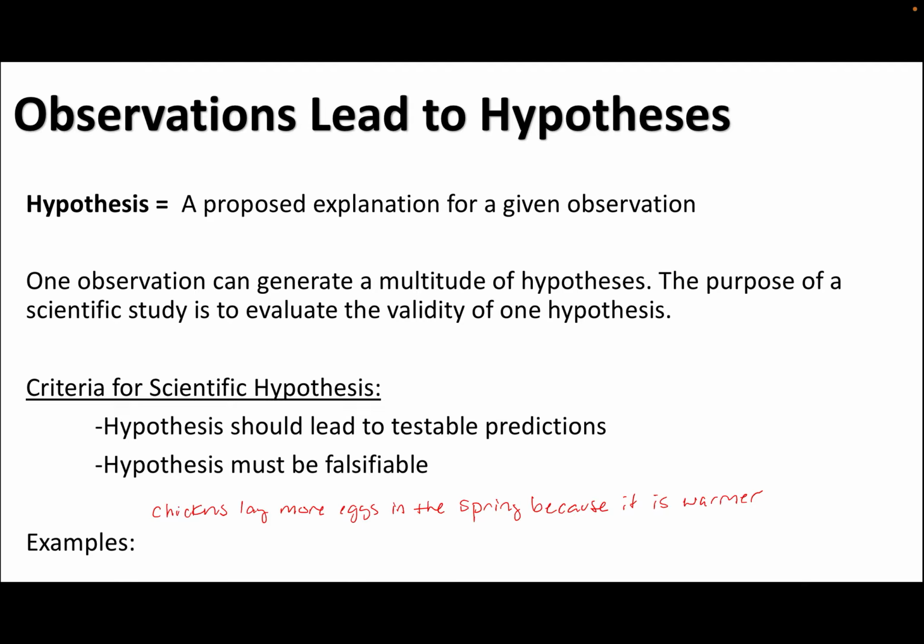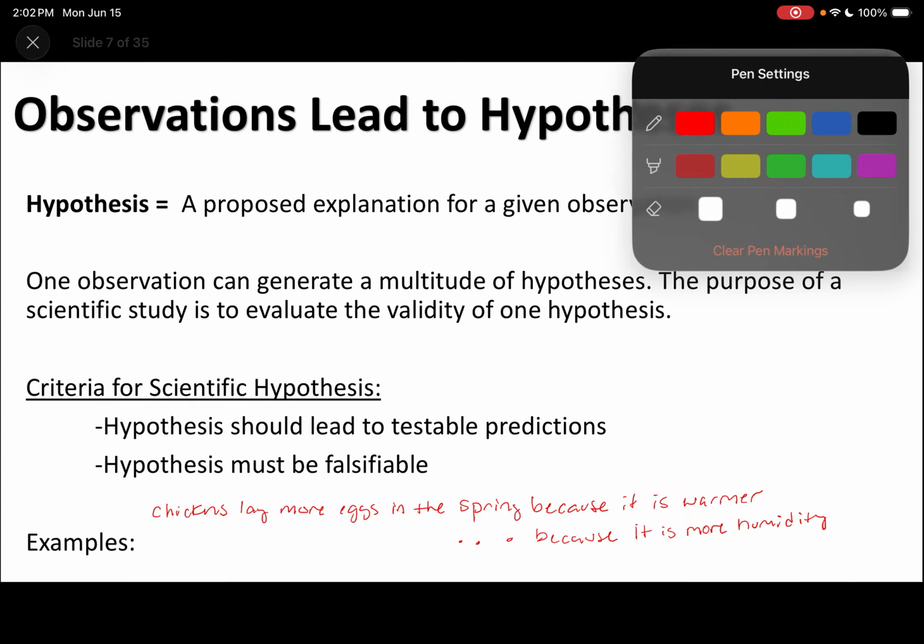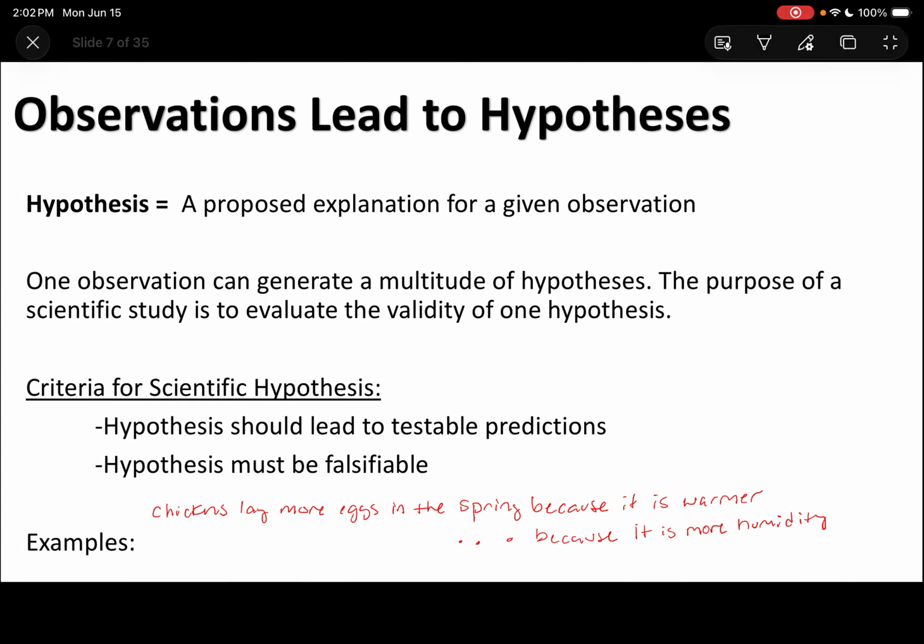So maybe another example would be, I'm not going to rewrite this beginning piece, but maybe another example would be because it is more humid. So maybe humidity changes it. Maybe it's because of the amount of daylight, right? There's lots of different possible explanations that we could put here. One thing that's true is that we have sort of a template in which our hypothesis can fall into.